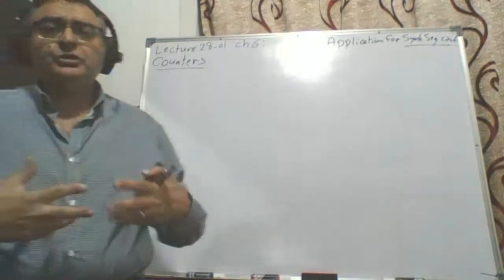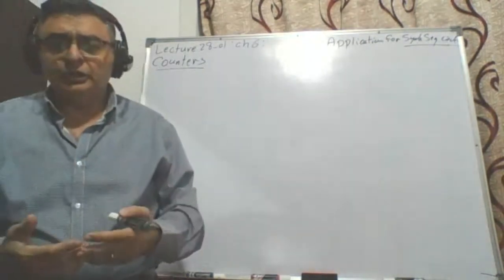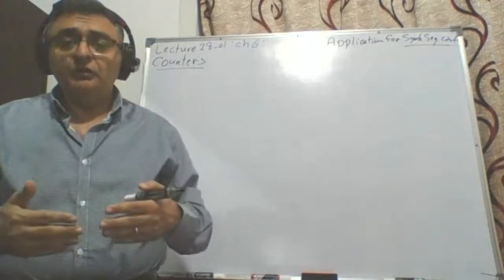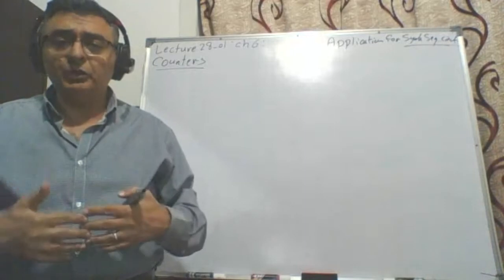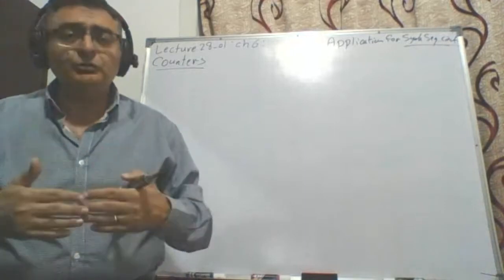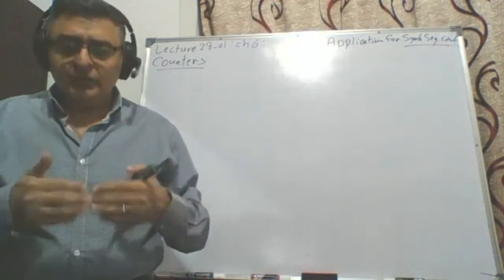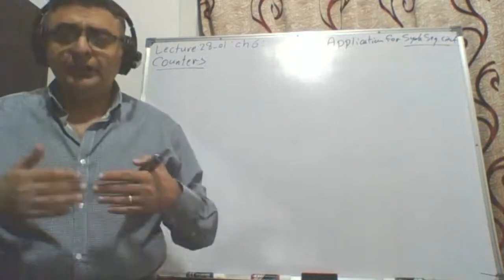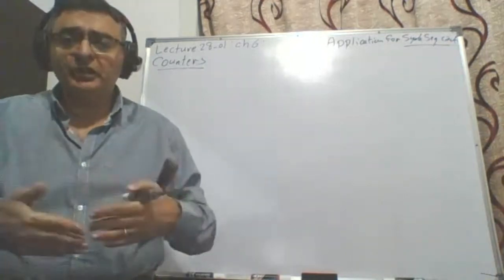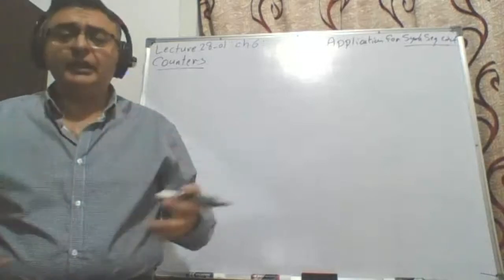And through some excitation, I need this counter to advance from one count to the next. So the counter will go from 0, the next count will be 1, then from 1 it will go to 2, and then from 2 it will go to 3, and so on. So this is a counter.